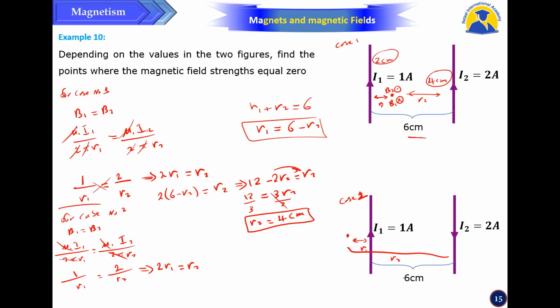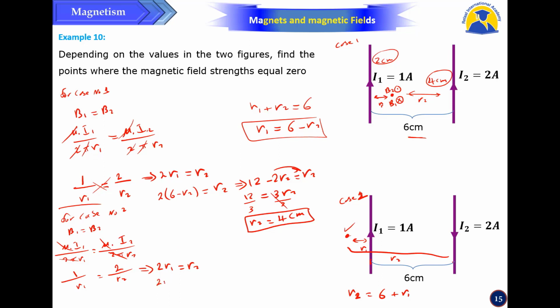Now here, we can say R2 equals 6 plus R1, because the distance between the two wires is 6 centimeter, and the point where the magnetic field is 0 is in this position. So R2 equals 6 plus R1.